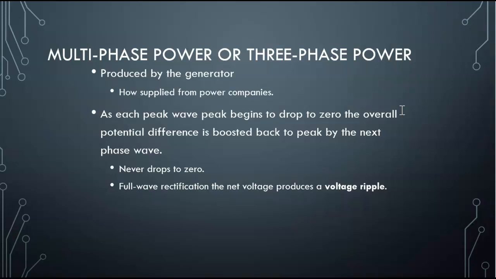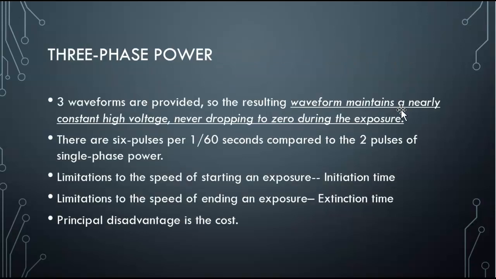Three waveforms are provided, so the resulting waveform maintains a nearly consistent high voltage, never dropping to 0 during the exposure. There are 6 pulses per 1/60th of a second compared to 2 pulses of the single phase power.